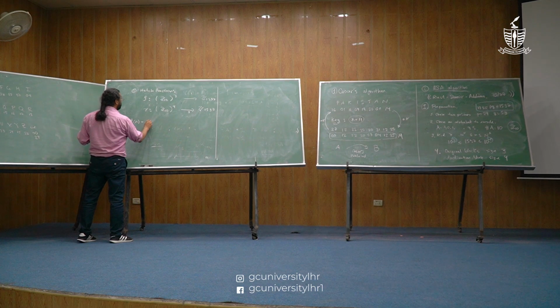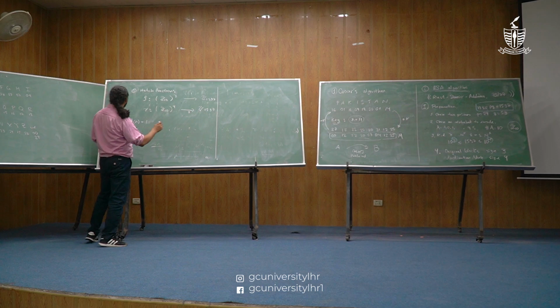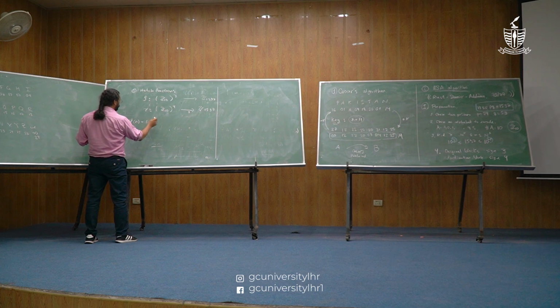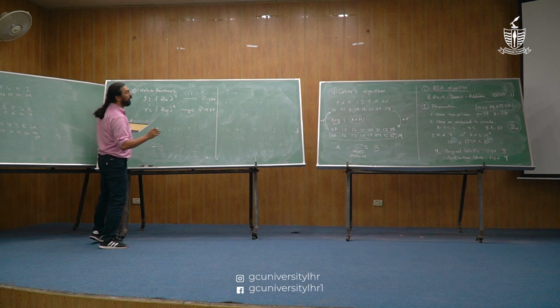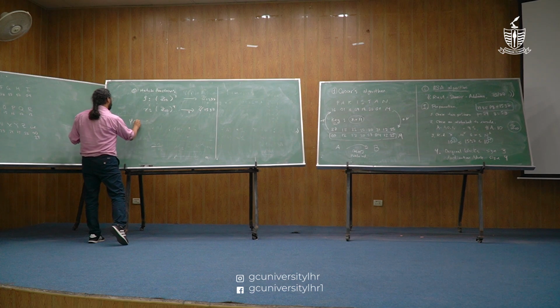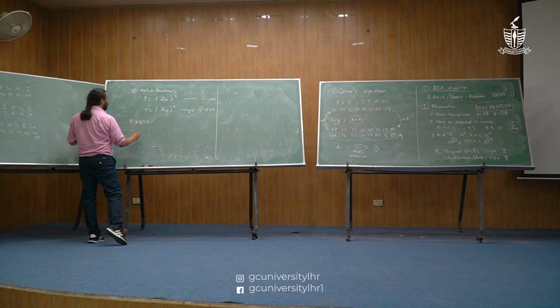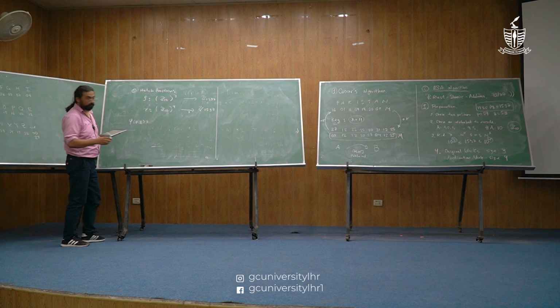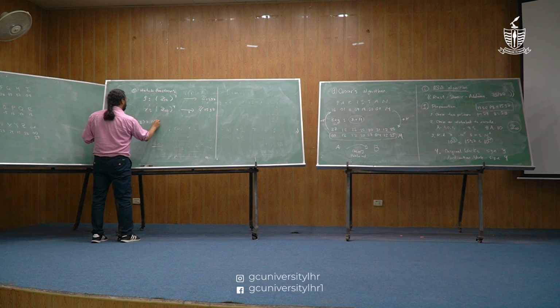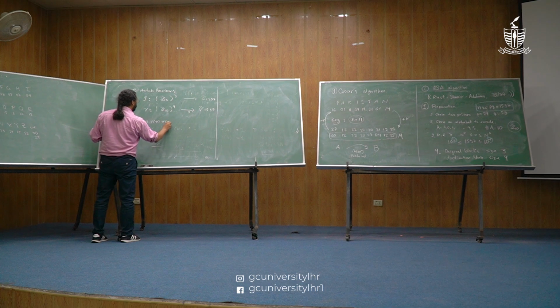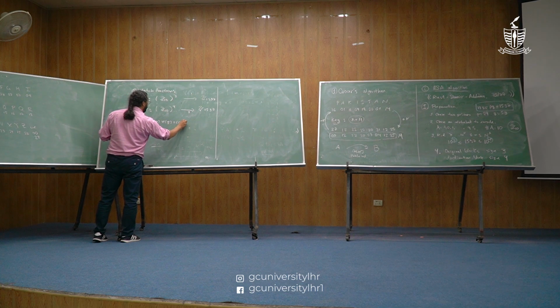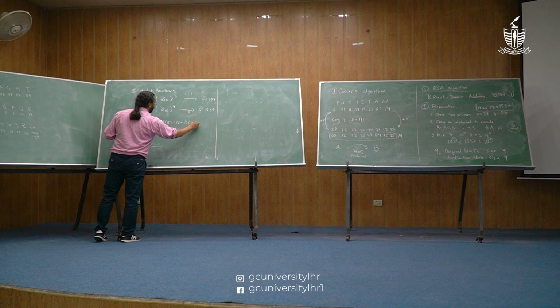Remember that if n is a product of two primes, p times q, then phi of n will be phi of p times phi of q, meaning p minus 1 times q minus 1.